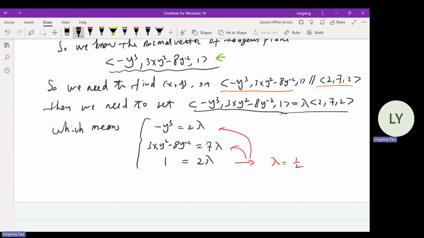I think the first one is negative y cubed equals 2 times 1/2, which is 1. So this means y cubed equals negative 1, so y equals negative 1.